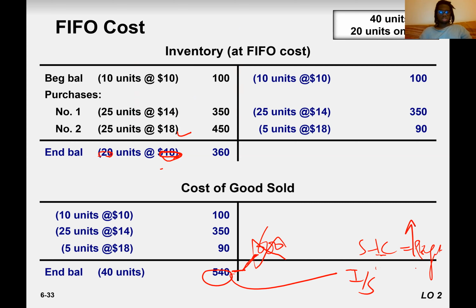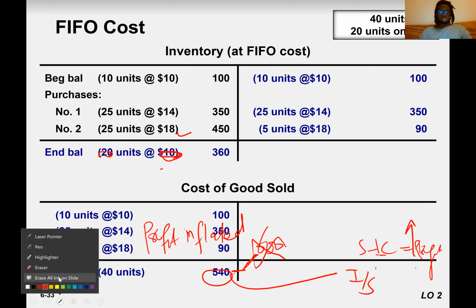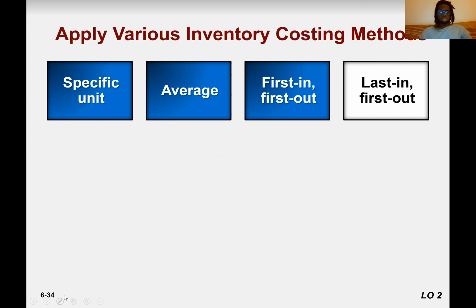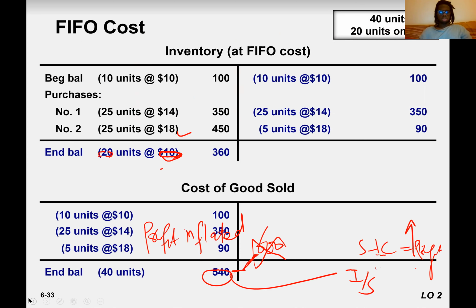Our profit increases, right? Or the real terminology is the profit is inflated. Inflated how? Because we use older prices. We use older prices to calculate the costs.